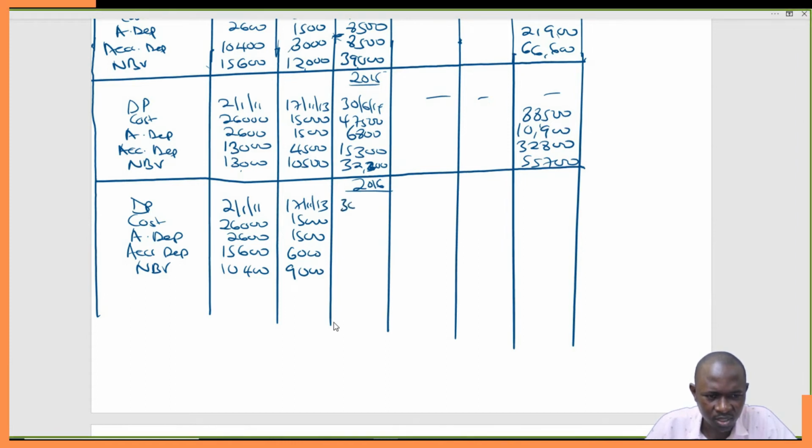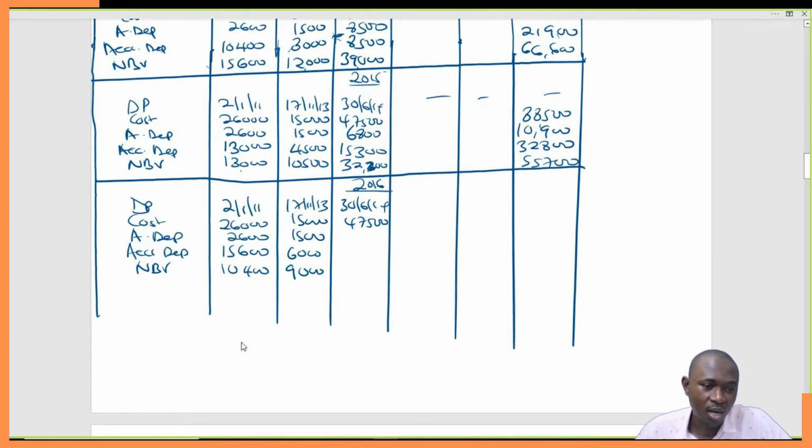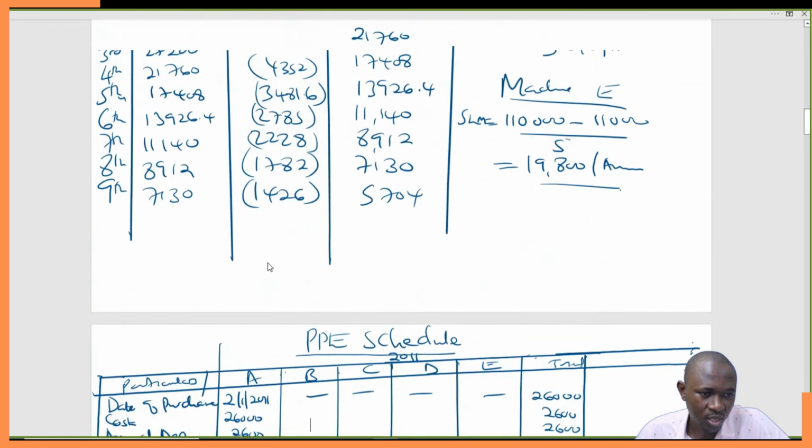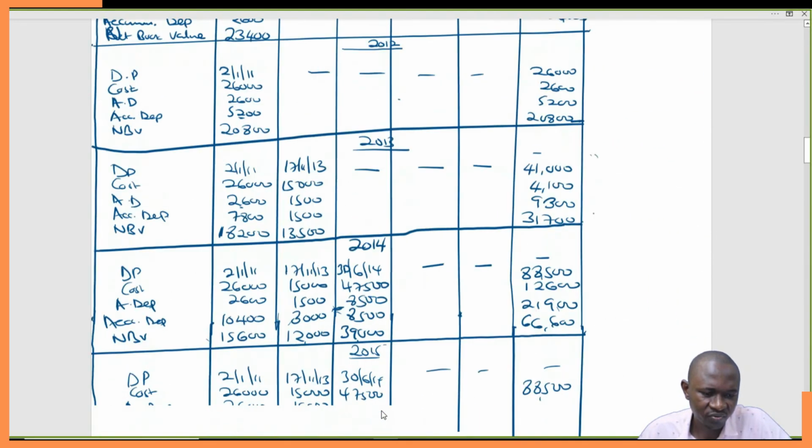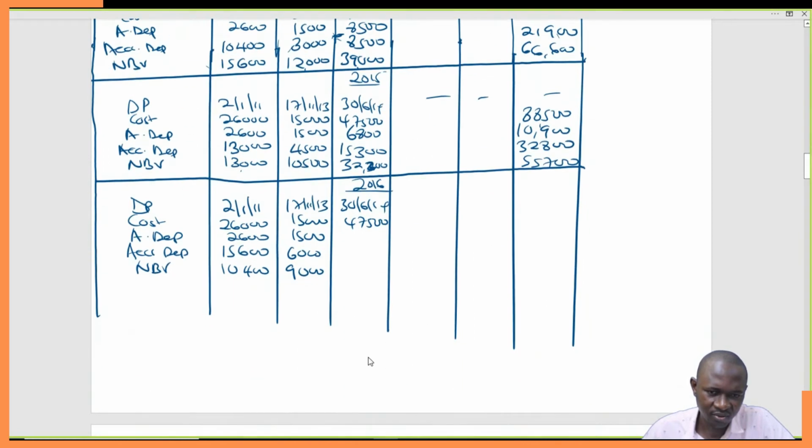Then this one will have 36, 14. The total cost is still 47,500. Annual depreciation will have to come and check from here. It's 5440. So carry that 5440, and then it will be 47,500 minus 5440.